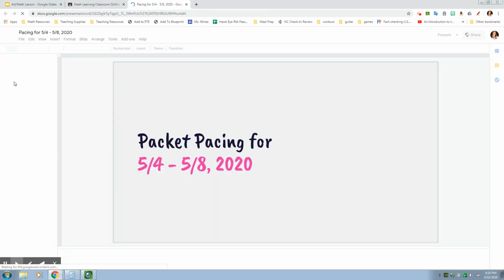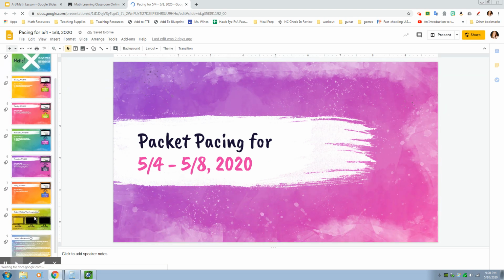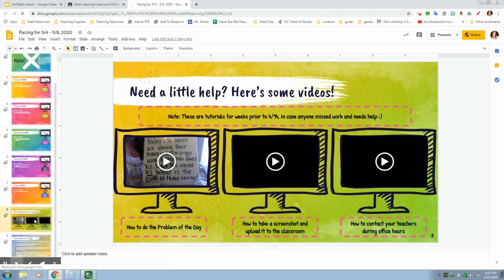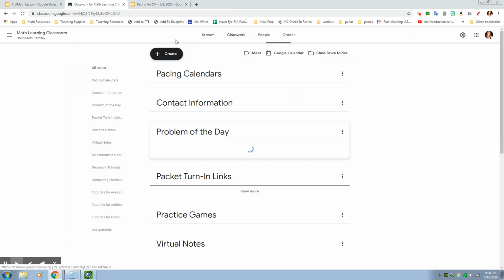And in any of the pacing guides, towards the bottom, you will be able to watch this video right here, and it will show you how to take pictures of your assignments in case you forgot, and then add them to your assignment in the classwork tab.